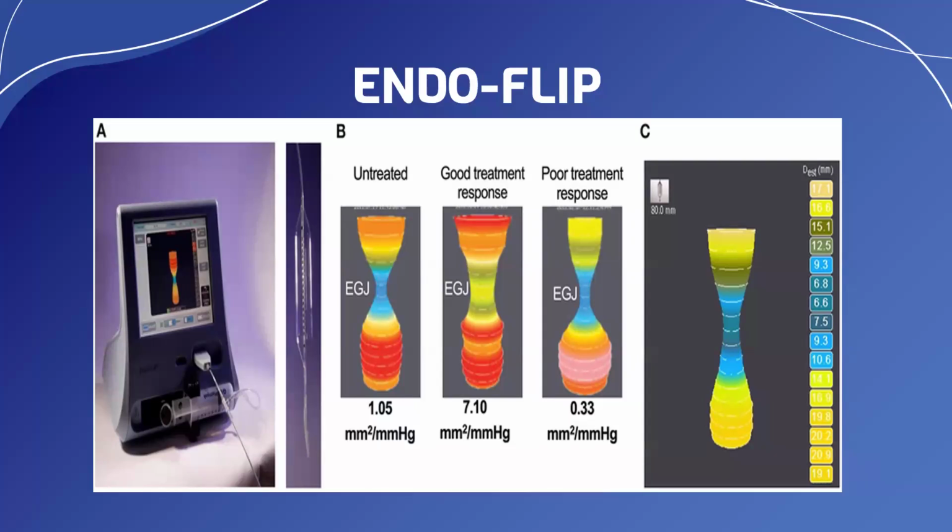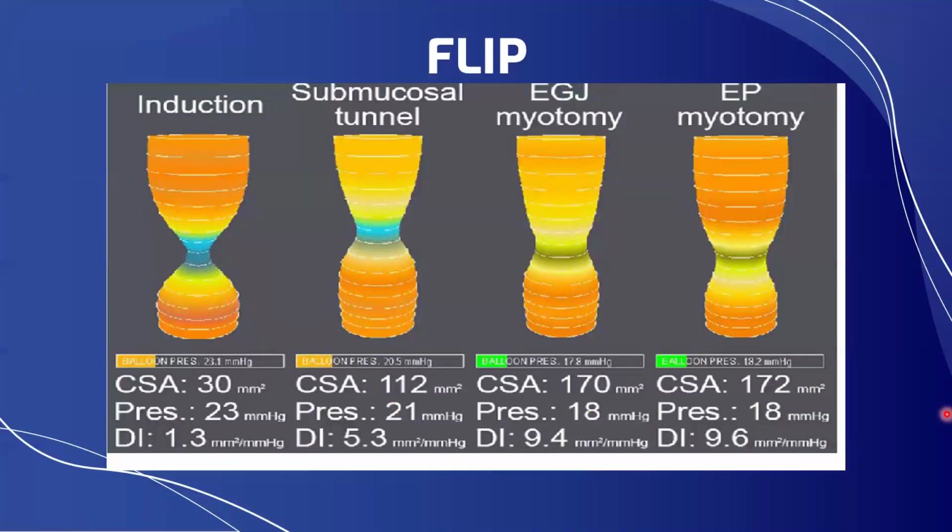So FLIP is very essential during the different stages of POEM. As we can see here, this is before the induction, and the FLIP probe shows that the DI is 1.3, which is inadequate. During the induction, we can see an hourglass-shaped balloon, with a markedly narrow waist at the esophagogastric junction.